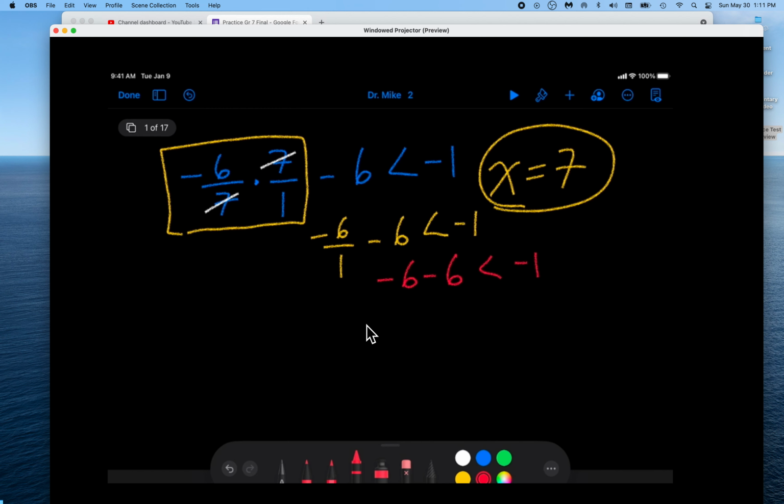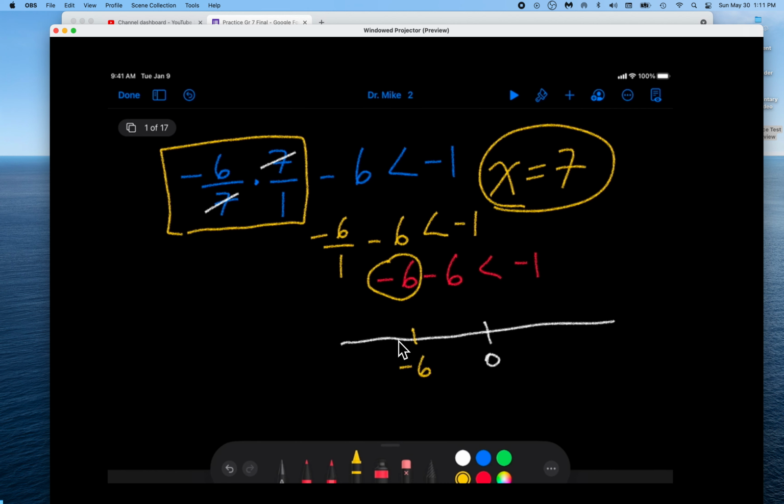What is -6 minus 6? Let's go to the number line. When I do my number line, I always put 0, and I start with the first number. First number is -6. So I'm going to start here. I'm going to call that -6.